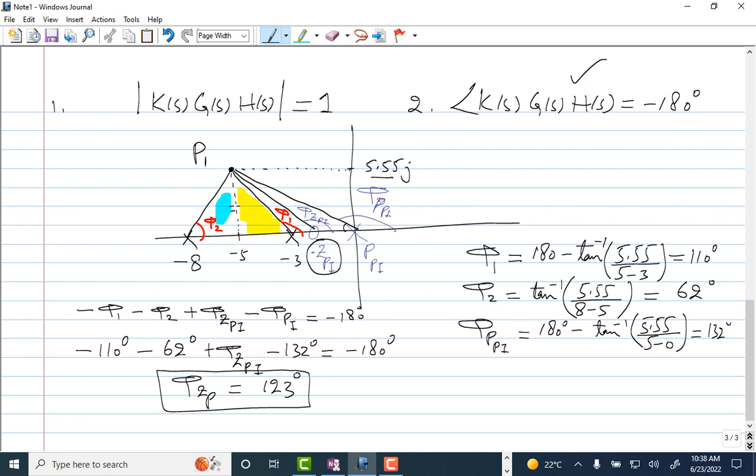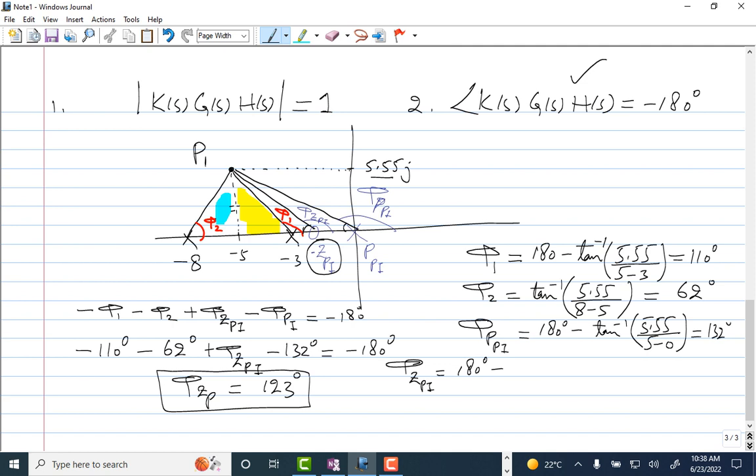I use the same method as before. I consider this triangle and say z of pi is equal to 180 minus, because I have to consider this angle.